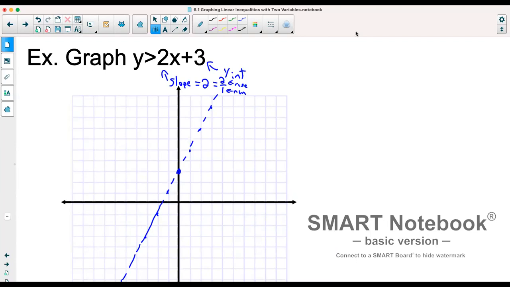And now at this point, we will do our test point to figure out which side of our graph satisfies this inequality. If it's available, I tend to use 0, 0 as my test point because it makes calculations easy. So I'm going to test 0, 0.